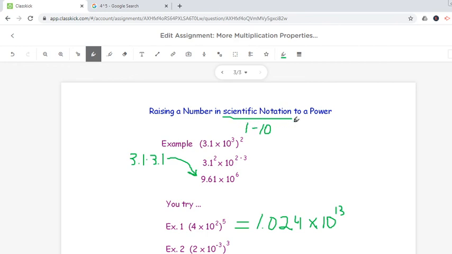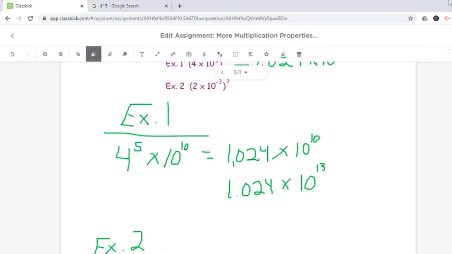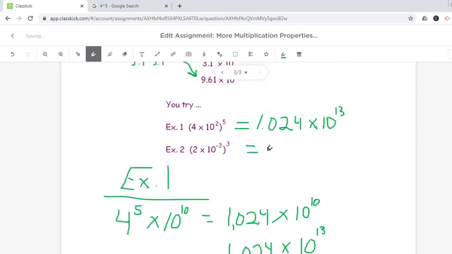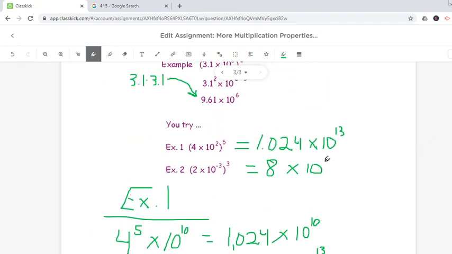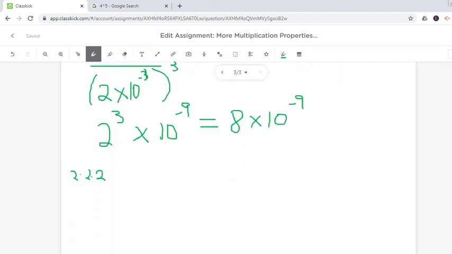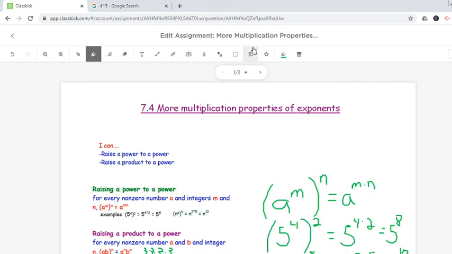So it's in scientific notation. So we can write that down. So 8 times 10, and it's to the negative 9. Okay, so that does it for more multiplication properties of exponents.